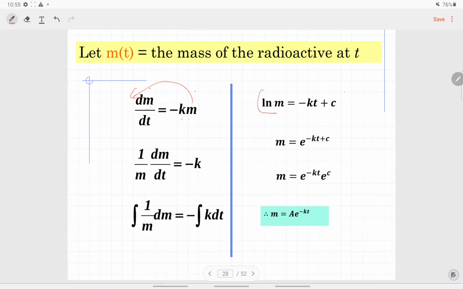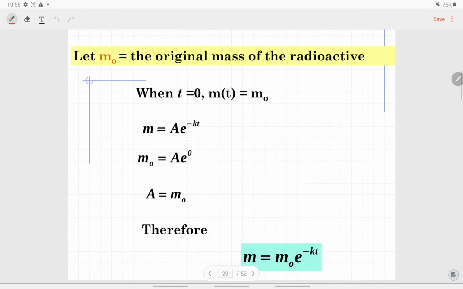To neutralize the ln M, we take the exponential of both sides. Exponential of ln M is M, and we get exponential of negative kt plus c. The plus means negative kt times exponential c. So we can let exponential c be A, therefore M equals A exponential negative kt.